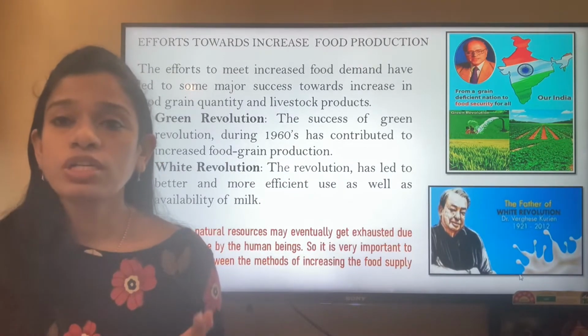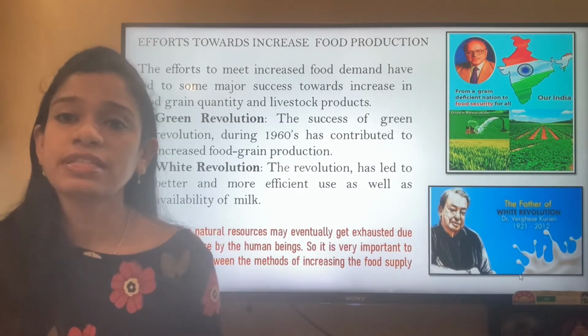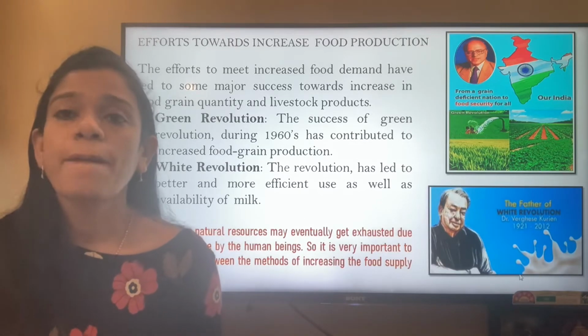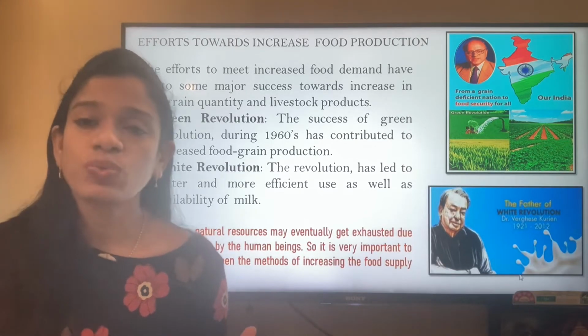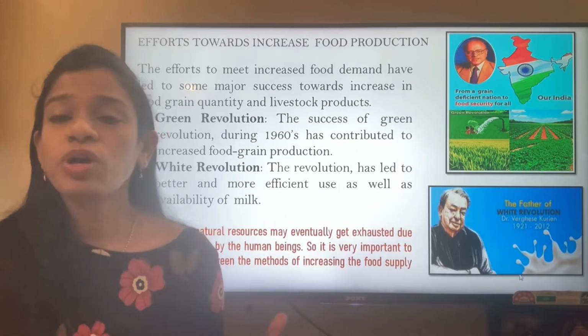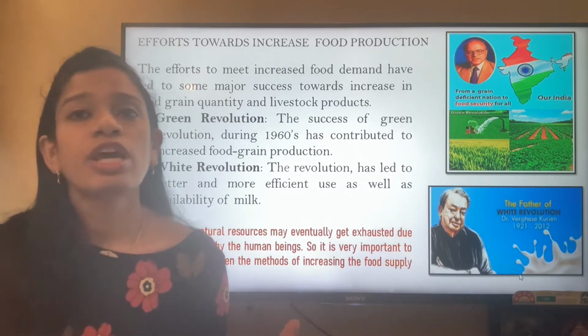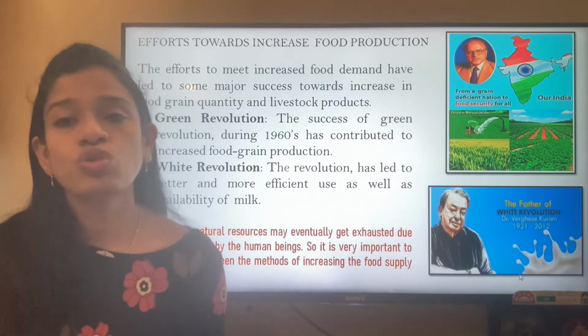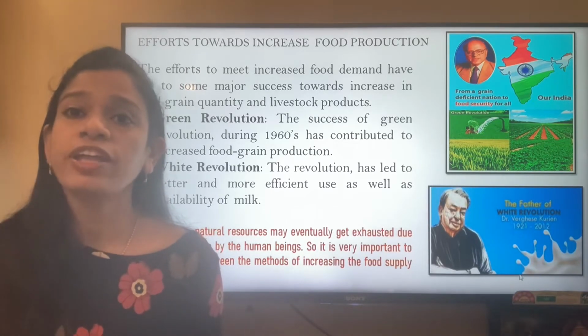So in order not to lose this natural resource, we always have to maintain a balance between food production and the natural resources, because natural resources are free, but they are not unlimited. So we have to use them very consciously.